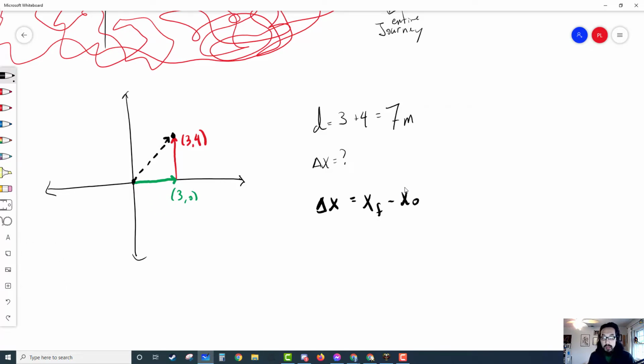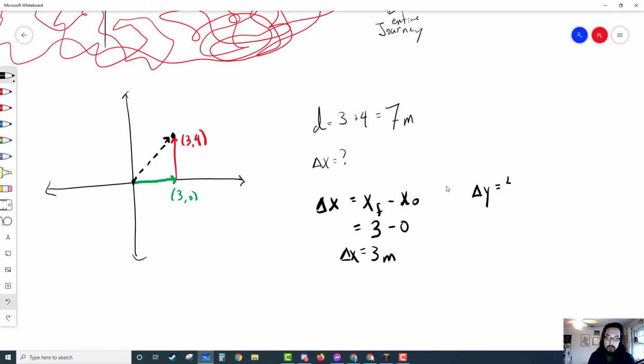I always like to write out the equation without any of the numbers first. Our final x-coordinate is 3 and our initial x-coordinate is 0. So our displacement along the x-axis is 3 meters. Now see what I do here? Instead of writing delta x, I'm going to write delta y to show that we're doing a change in y position.